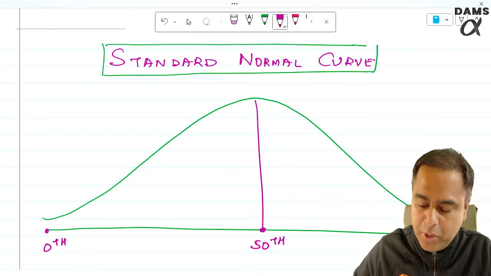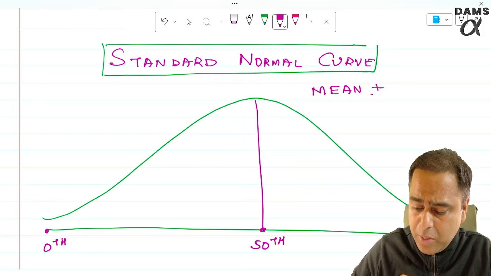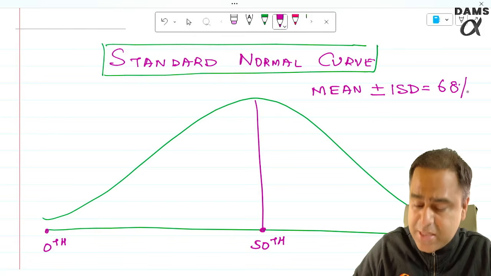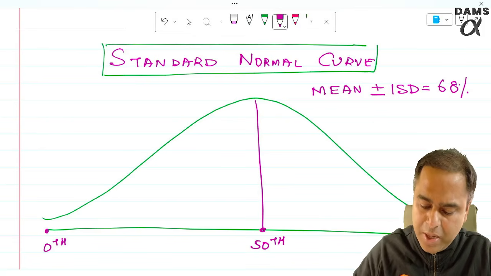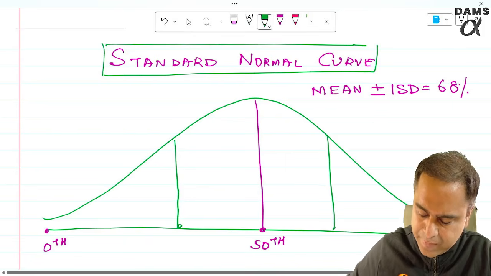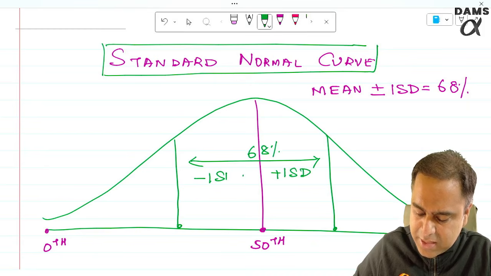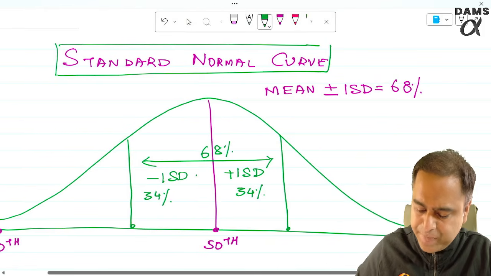We know the theorem that mean or median or mode plus minus 1 standard deviation is 68%. Now how do I draw the 68%? It is split from the middle. So this becomes my 68%, that is plus 1 standard deviation minus 1 standard deviation. This is 34%, this is 34% over here.